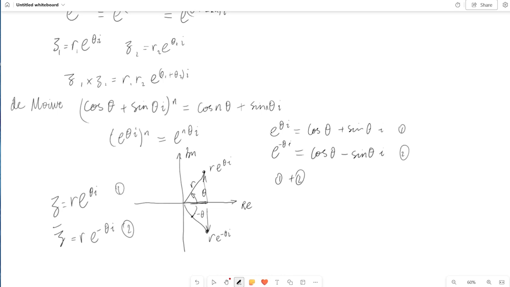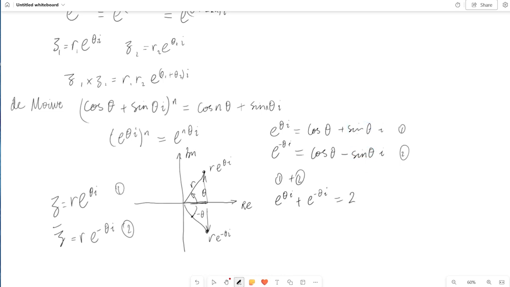what we end up with is, well, on the left-hand side, we have e to the power of theta i plus e to the power of minus theta i. On the right-hand side, as you can see, plus sine theta i minus sine theta i, they actually cancel each other out.